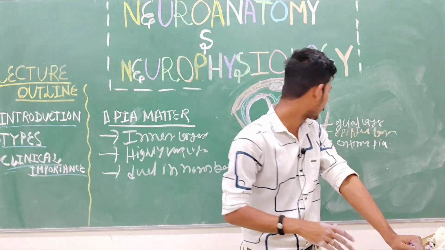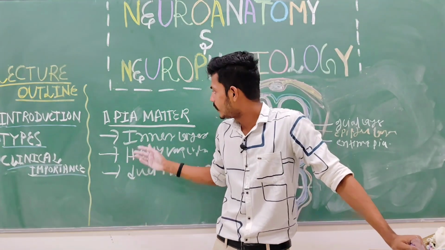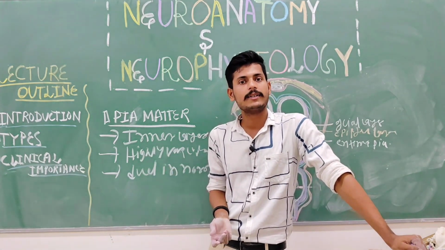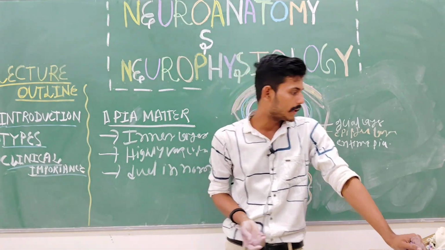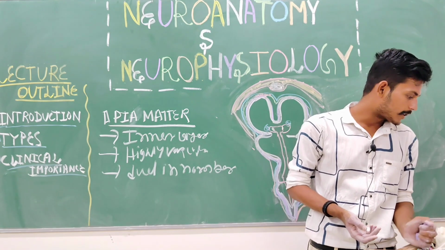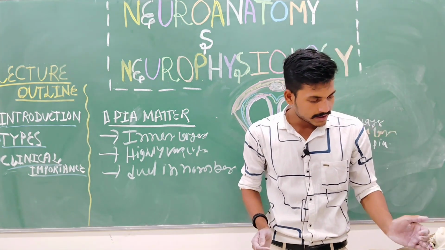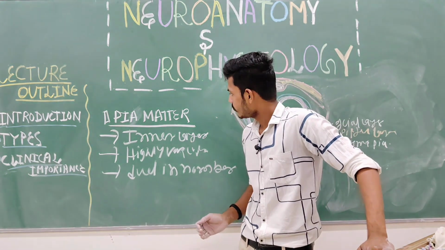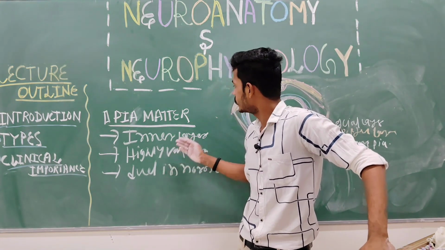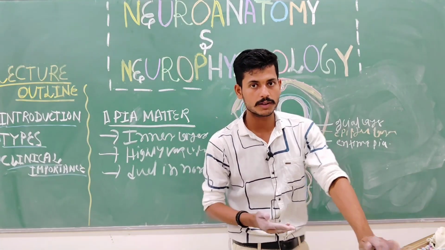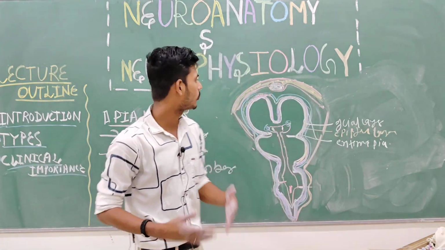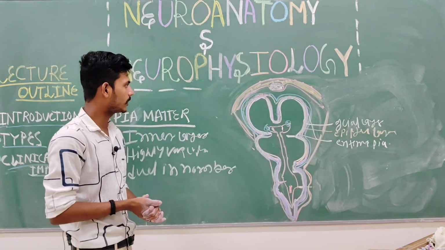We talked about the blood supply: they are avascular, whereas your pia mater is highly vascular and is the deepest layer. No problem. Then we studied the different kinds of hemorrhages, their etiology and how they happen.